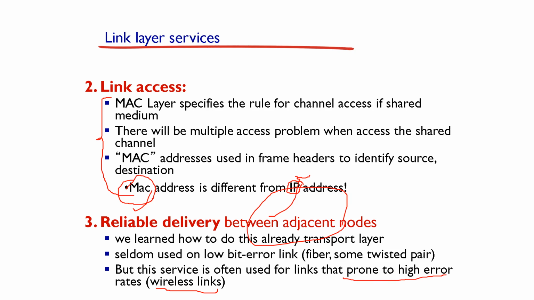That's why the reliability concept is implemented in the link layer, and this is mainly used in the wireless medium and seldom used on link channels like fiber optics and twisted pair. They are less prone to errors, whereas wireless channels are highly prone to errors.